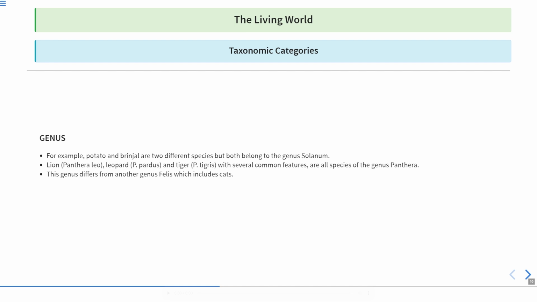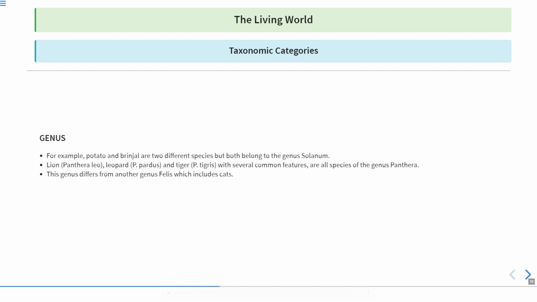On the species basis they have different characteristics, but on the genus level they have some common characteristics. I've already told you that every taxonomic category will have its own characteristics. At the species level they will have their own characteristics, and at the genus level they will have their own characteristics.